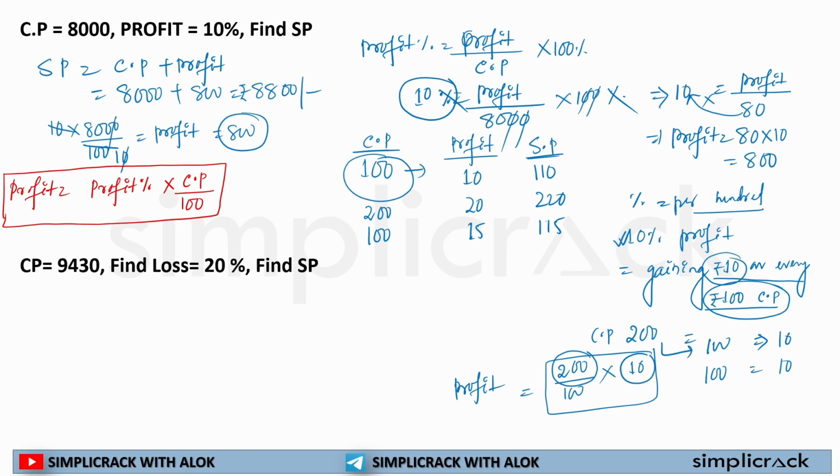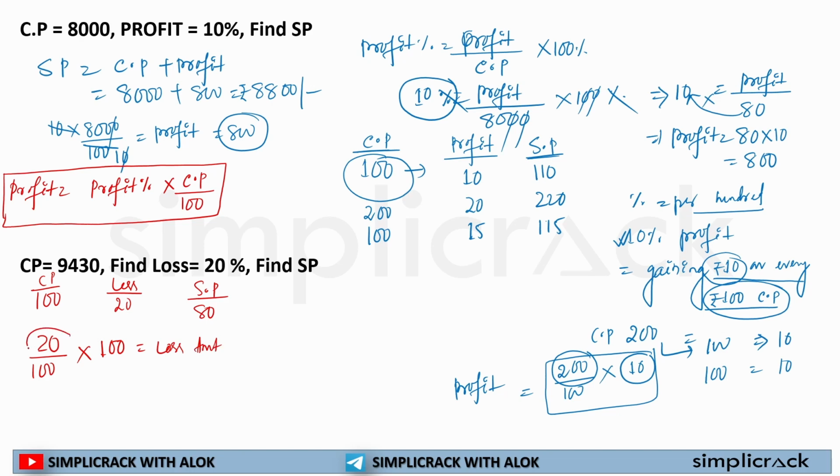The same is true for loss. So if I say my cost price was 100 and my loss was 20 rupees, so I sold it at what? 100 minus 20, that is 80 rupees. So I can write it like this: my loss percentage on every 100, multiplied by my total cost price, will be my loss amount.